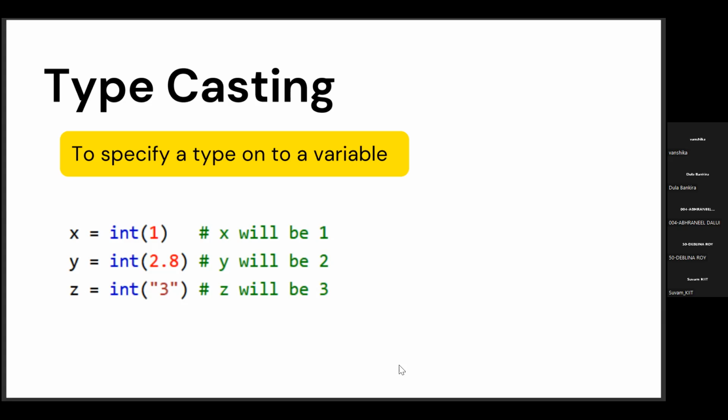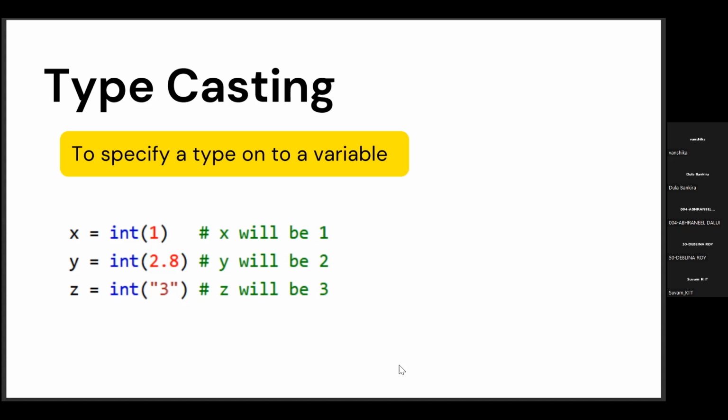We can write int(2.8) and then the value of y will be 2. For the third example, if we write z equals int("3"), then writing 3 within quotes makes it string data. Now we are converting that string into an integer type. So z will be 3, and the string got converted into an integer. This is how we work with typecasting.